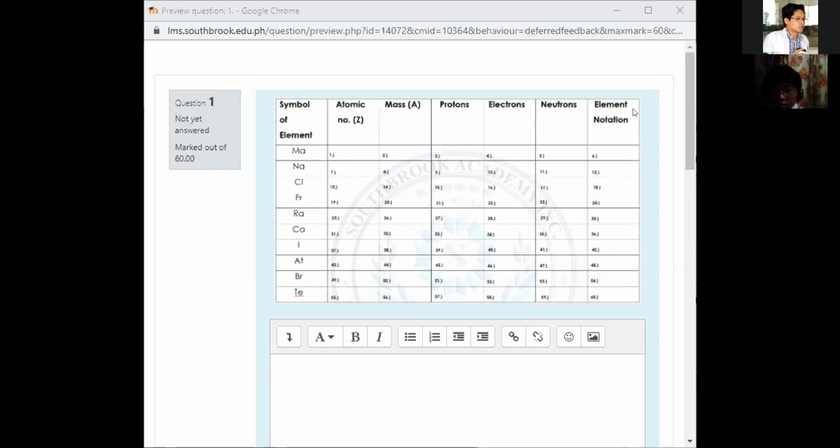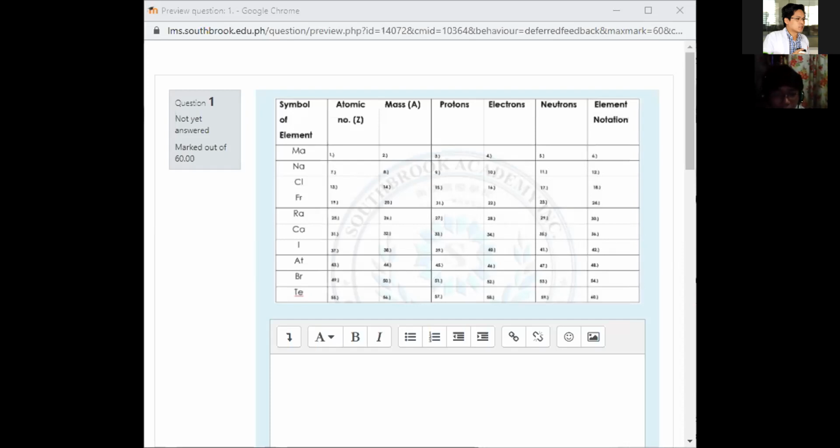How about getting your protons, neutrons, and electrons? How would you get them? Anybody? The number of protons, sir, is the atomic number. Okay, correct.